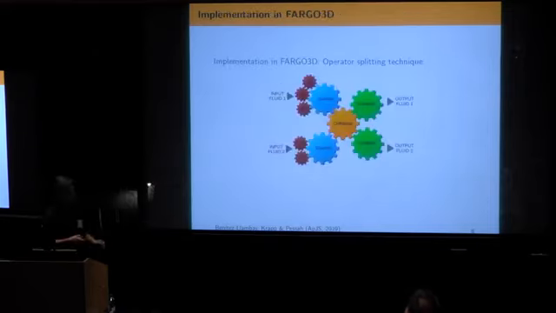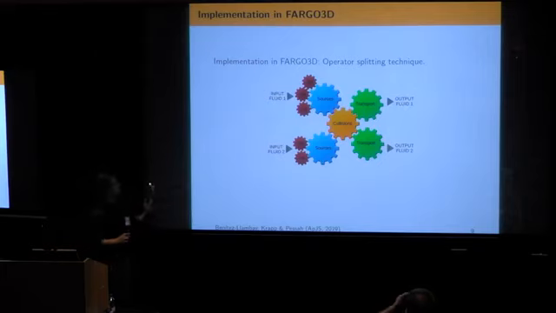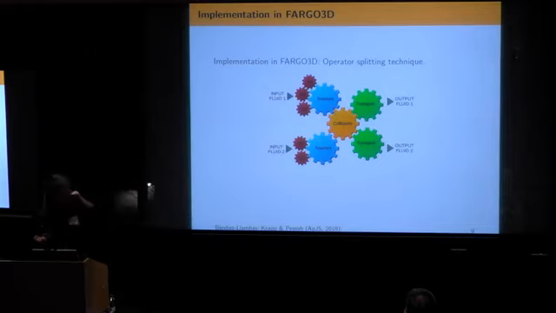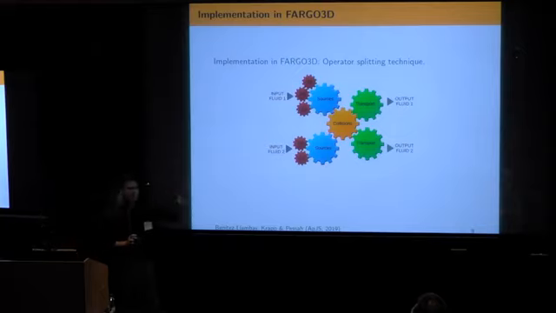So far I only talked about the implicit scheme, but we would like to do some astrophysics, so we implemented this method in Fargo 3D. Fargo 3D works, as Paulo was mentioning yesterday, as an operator splitting, or dimensionally split, code. The idea is that you can split the momentum or continuity equation between source terms and advection terms.